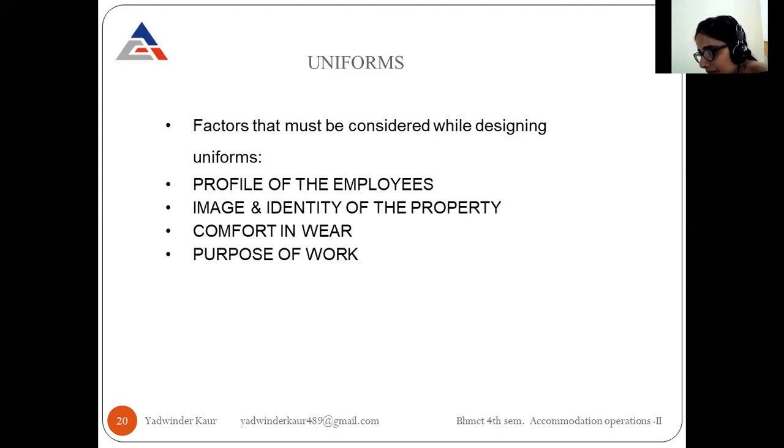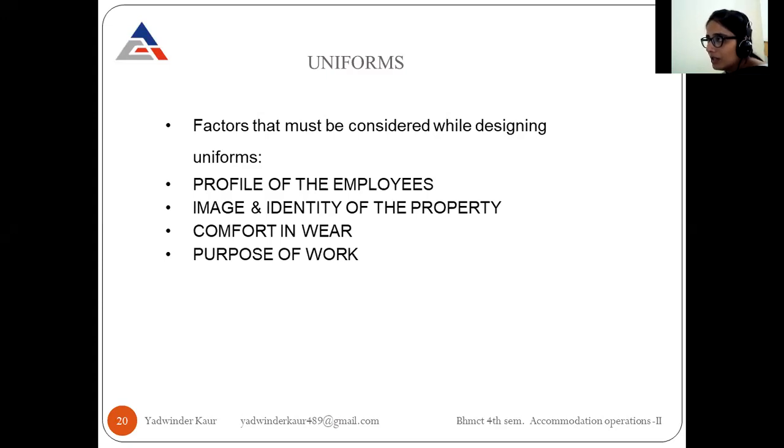If you are the housekeeping executive or a staff member, you have to think about how we can design the uniform. First, we check the profile of the employees, image and identity of the property. Then comfort in the wear.